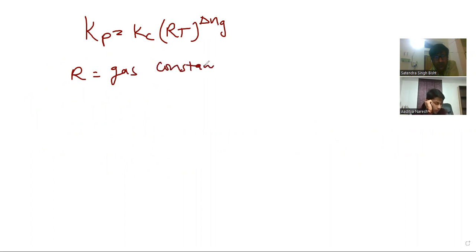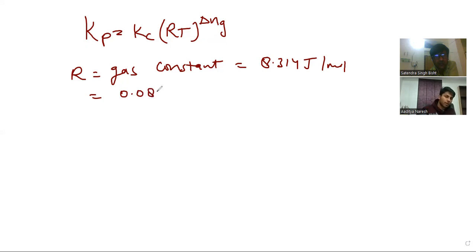Its value is fixed: 8.314 joule per mole, and if we take liter atm, then we will use 0.0821 liter atm per mole.